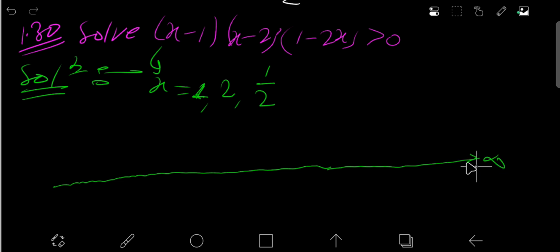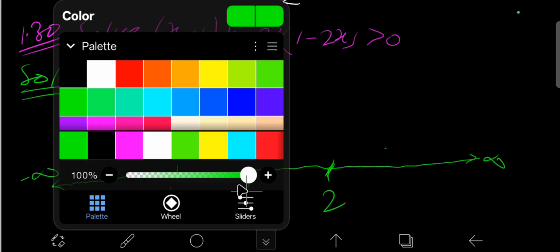This side is positive infinity, this side minus infinity, and the smallest root is this one, so here we write 1, and this side is 2. In the rightmost interval we take the plus sign.